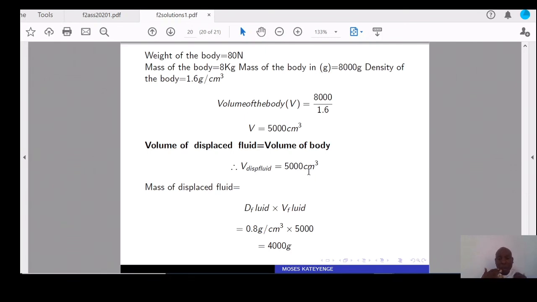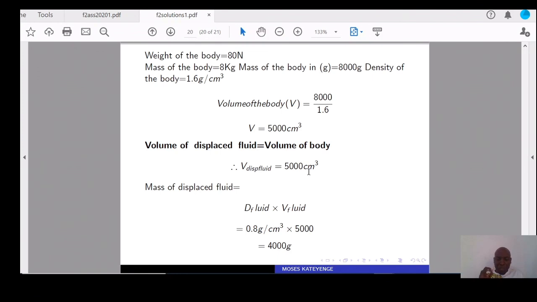Now when you have the volume and you have the density of the fluid, in this case a liquid, then I can get the mass of the displaced liquid, because I know that volume times density gives me mass.